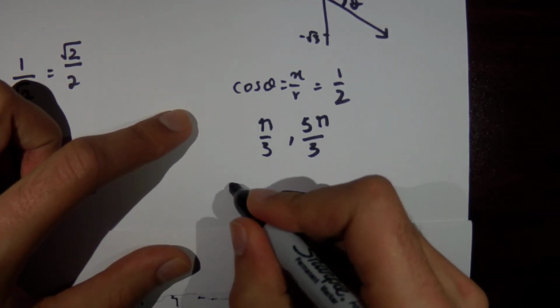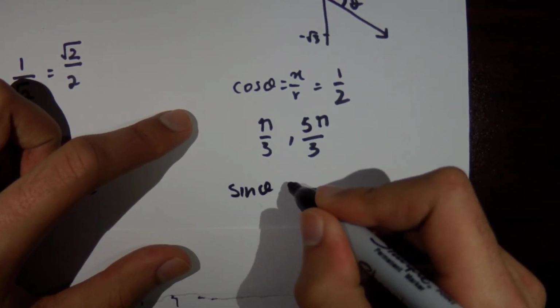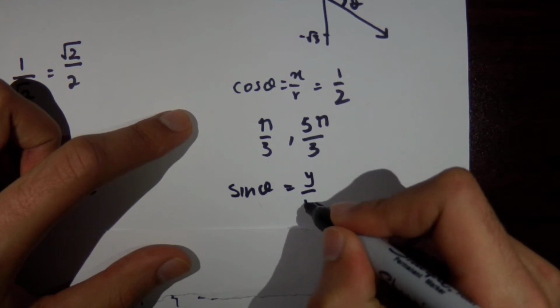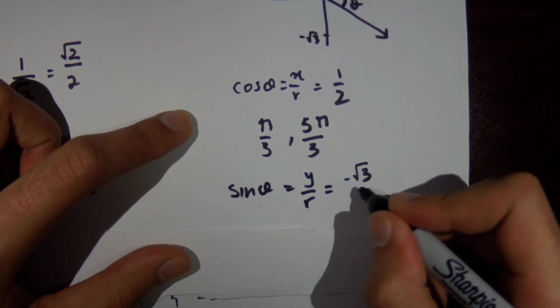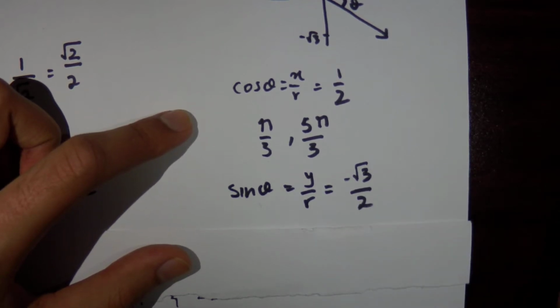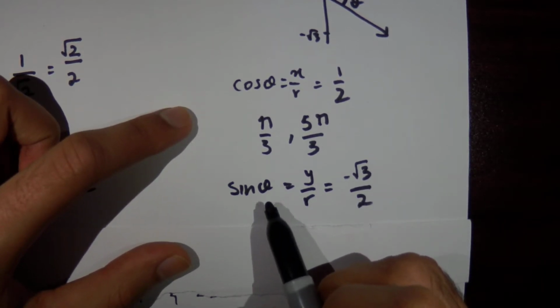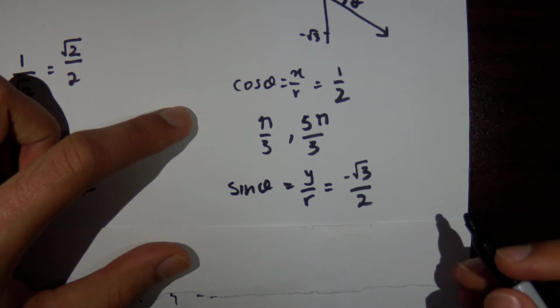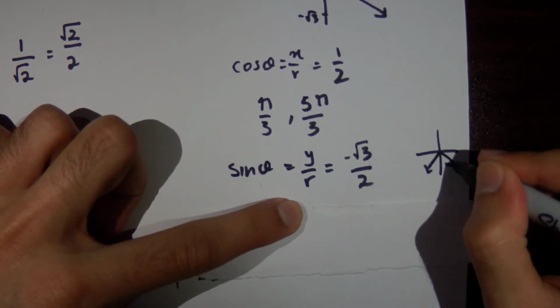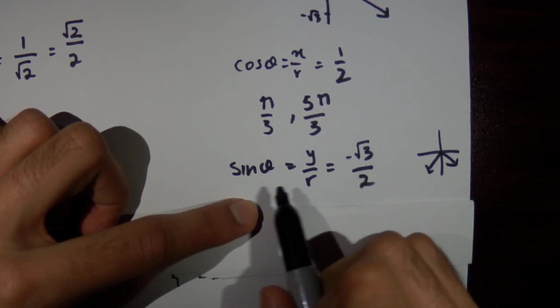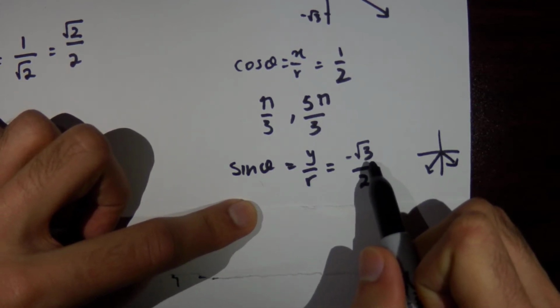On to sine of theta. It's equal to y over r, which is negative radical 3 over 2. Sine is negative in the fourth and the third quadrant, so we know our angles are going to be down here. The related acute angle, of course, we know would be pi over 3 again.